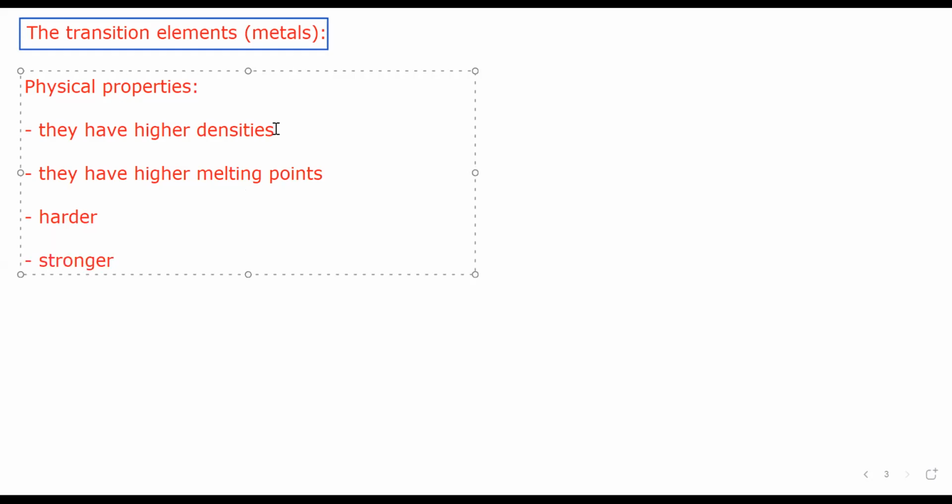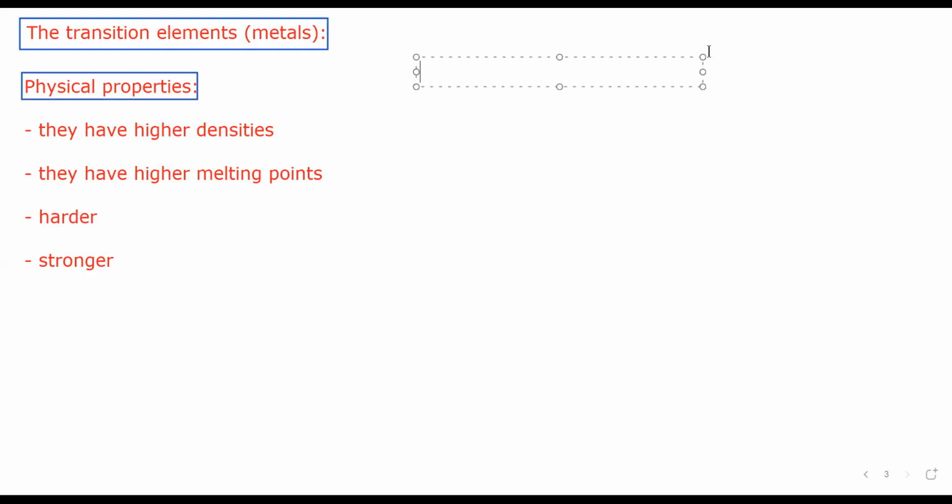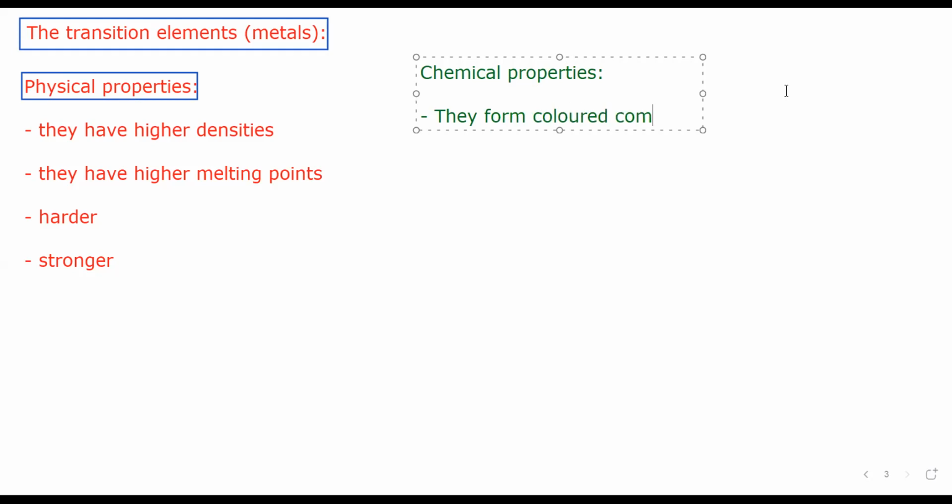Then the next property we are talking about is forming colored compounds, which can fall under physical property as well as chemical properties. I'm going to put it here since it gives you a physical change as well. In chemical properties, do not say they are colored metals. They form colored compounds. We can give some examples, we have many of them.